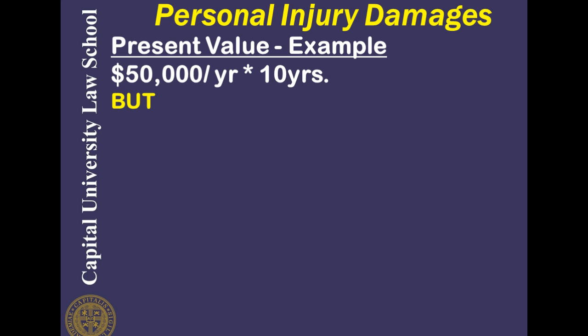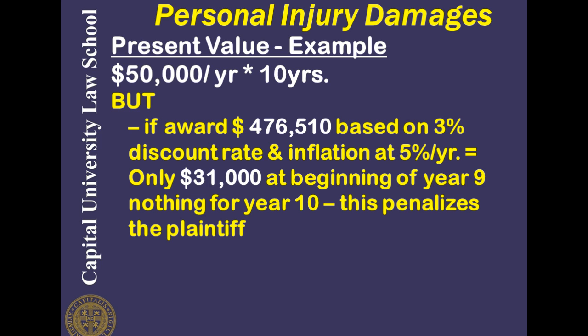We're trying to predict interest rates into the future, and more importantly, we're trying to predict inflation, because if we only award $476,510 based on the 3% discount rate, and predicted into this is 5% inflation a year, then at the beginning of year 9, the plaintiff will only have $31,000. And remember, they needed $50,000 worth of care or whatever at the beginning of year 9 and the beginning of year 10.